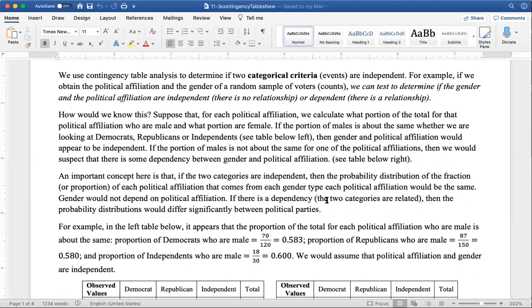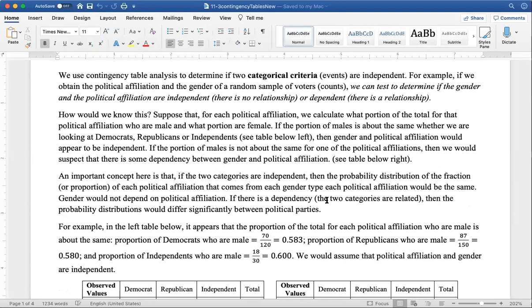Suppose that we go to a political rally of sorts, or a political meeting of sorts, and we find 300 people there. From each person, we obtain their political affiliation, which may be Democrat, Republican, or Independent.